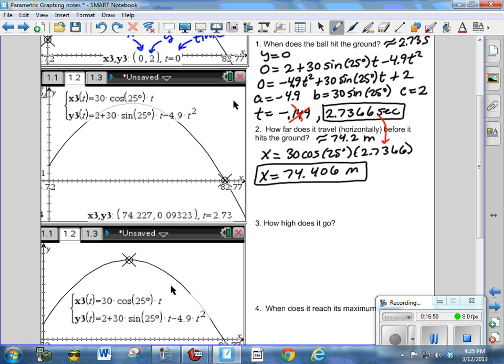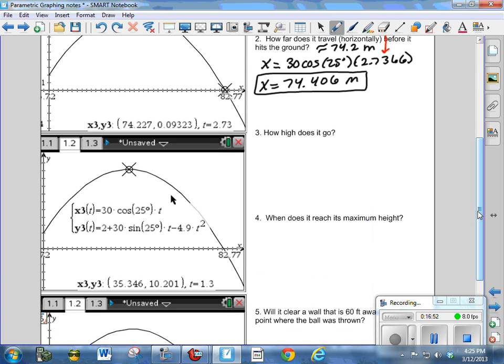Now, how high does it go? Okay, how high is the maximum value? This is one where we don't have a direct algebraic way to do a maximum value just because we haven't learned the derivative yet. So this is one where I would allow you to trace. However, there is another way to think about it too.